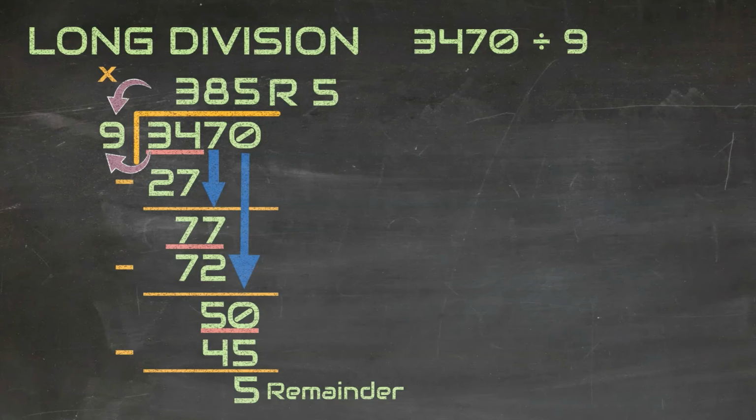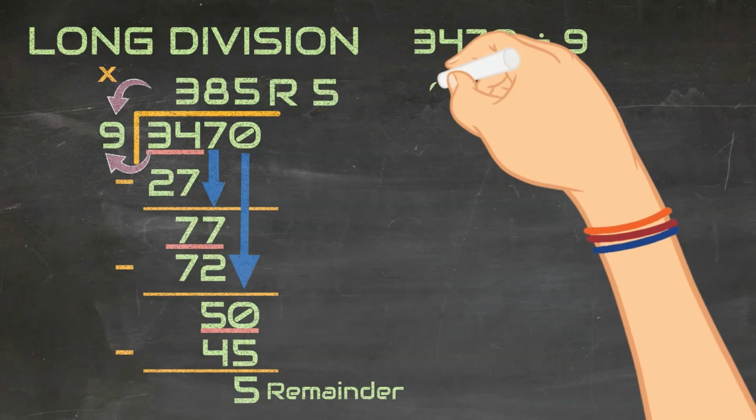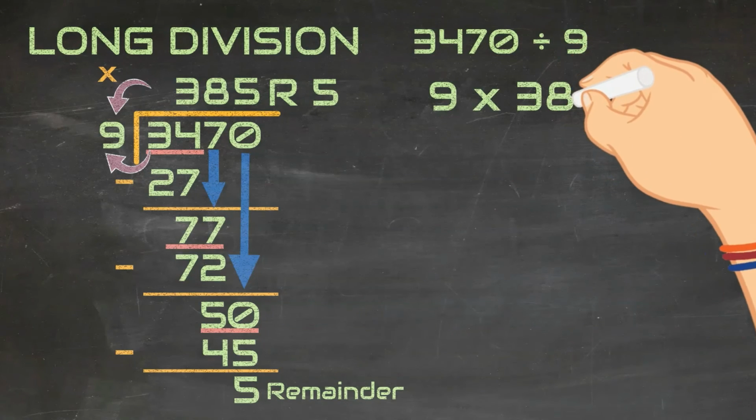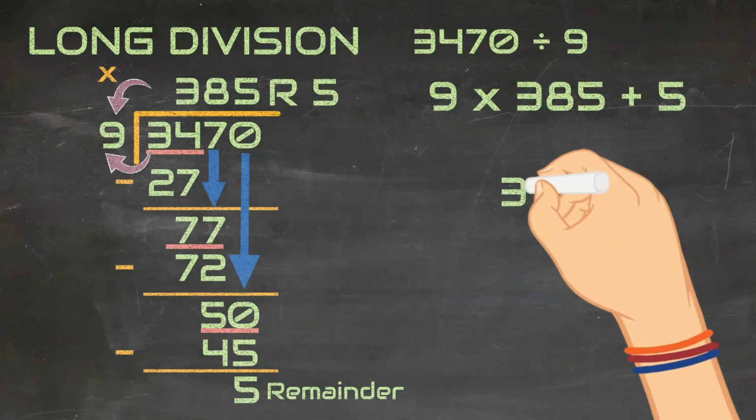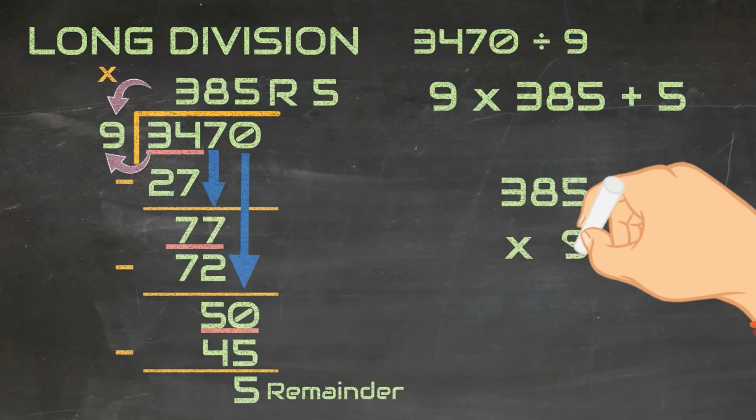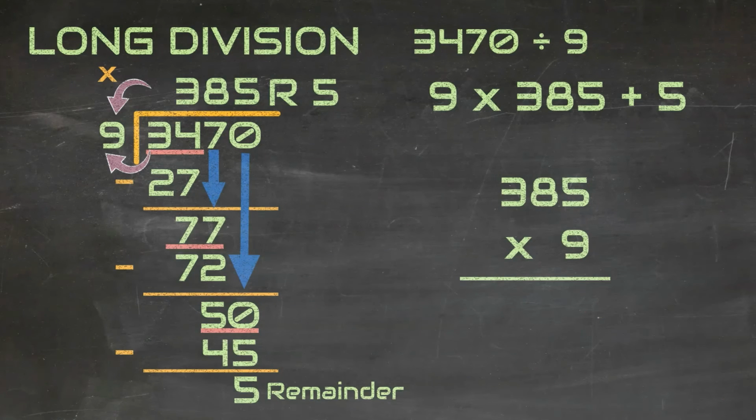Let's check. In this example, 9 times 385 plus 5 should be equal to 3,470. Let us take the product of 9 and 385 first. 9 times 385. 9 times 5 equals 45.